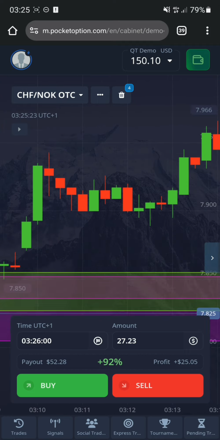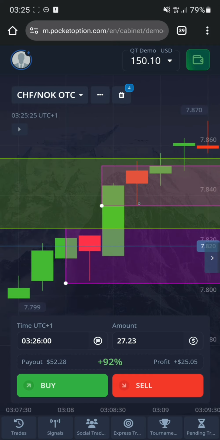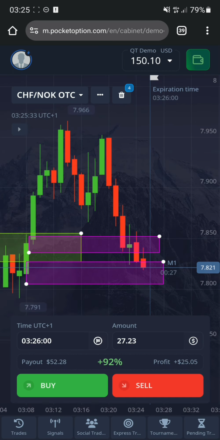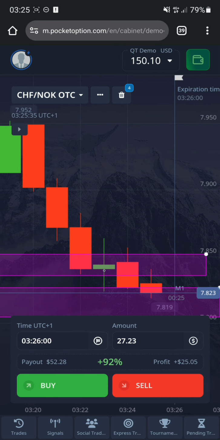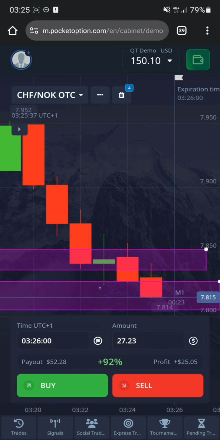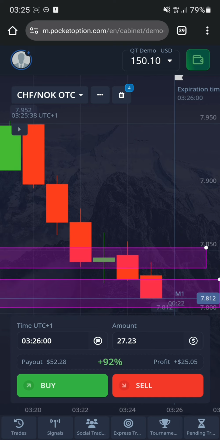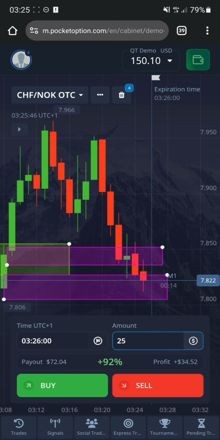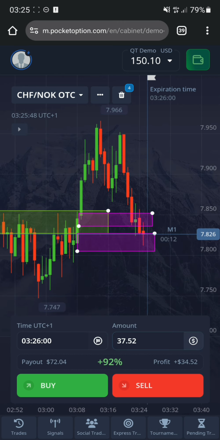Let me zoom in so that you can see clearly. This red candle and this red candle down here, those are the decision points. So I took a trade right here, and I took another one inside this one, and just as I expected, the price went up and we won the trade. So basically that's how point of decision trades work.